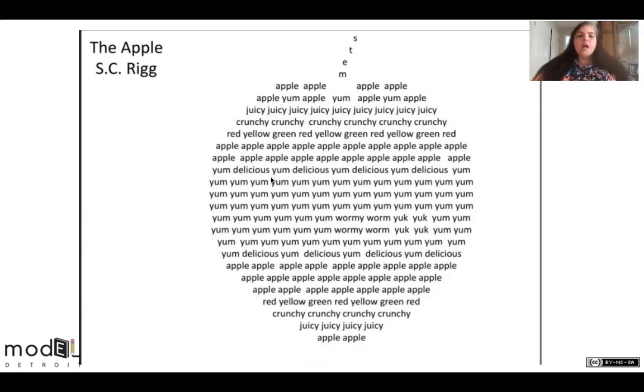Yum, yum, yum. Worm, wormy worm. Yuck, yuck. Yum, yum. Wormy worm. Yuck, yuck. Yum, delicious. Apple, red, green, crunchy, juicy, apple.